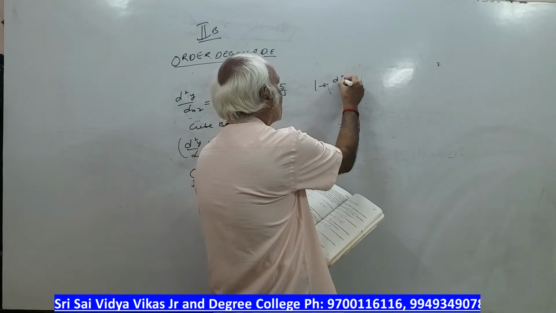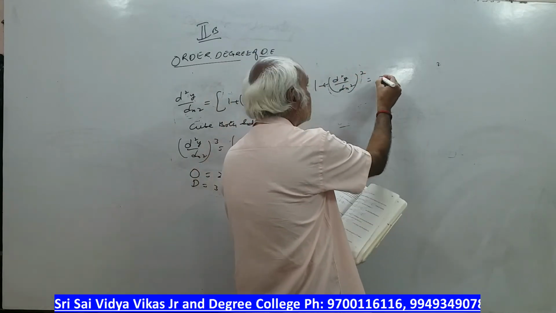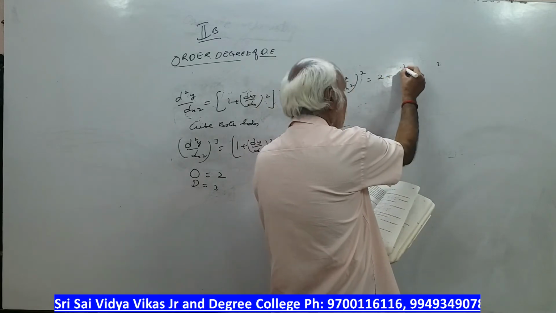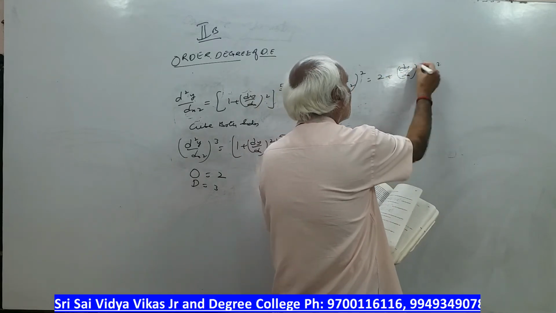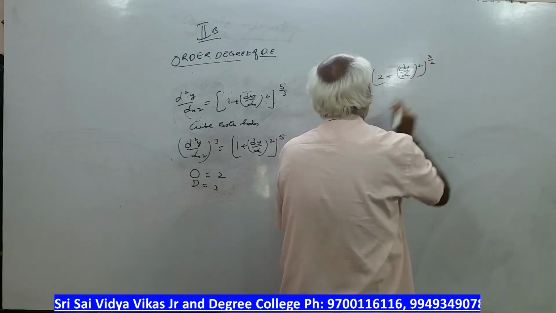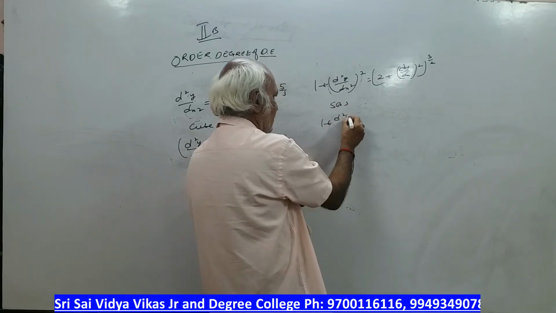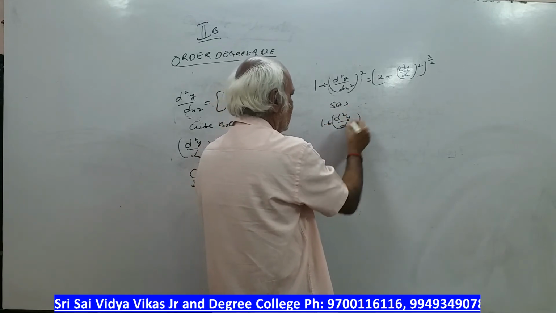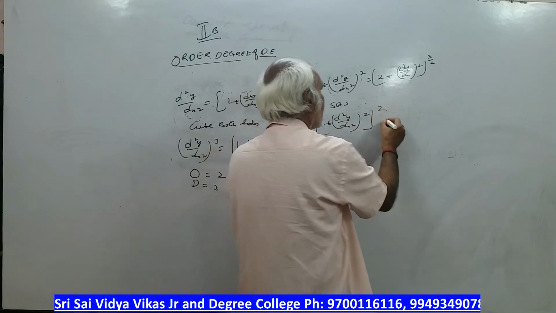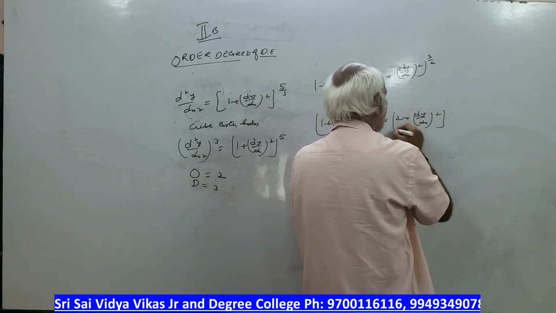1 plus is equal to 2 plus whole square, whole raised to 3 by 2. Now square both the sides. So 1 plus d square y by dx square whole square, whole raised to 3.